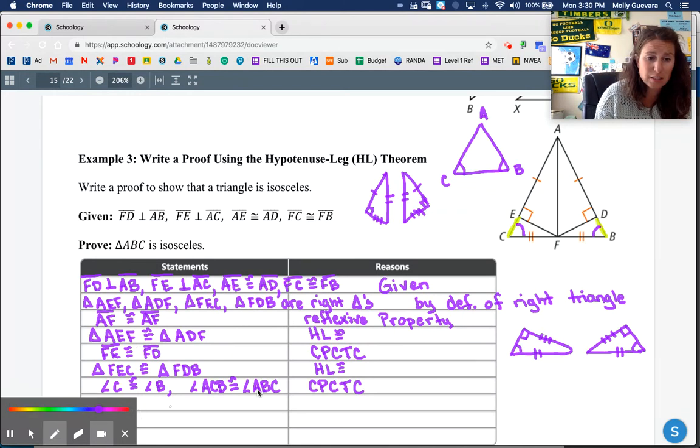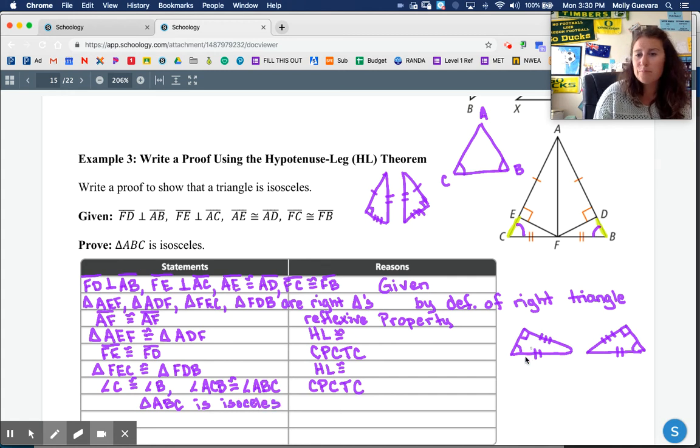Okay, so we can say that triangle ABC is isosceles. Okay, we can say it's isosceles, and the reason we have to go back to last unit is the converse of, actually that was lesson 4-2.